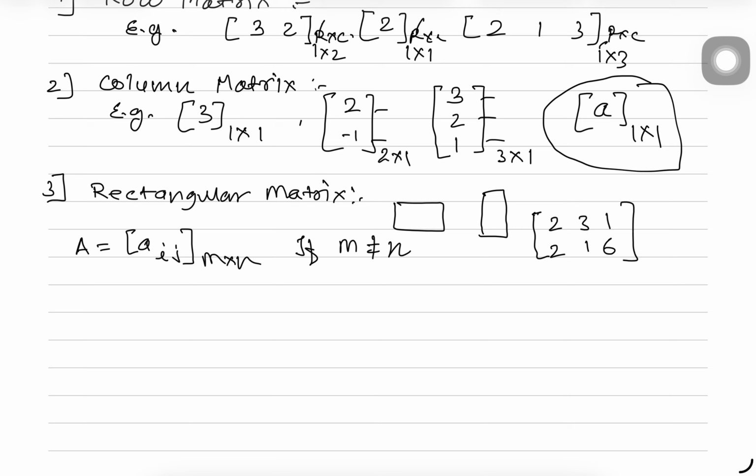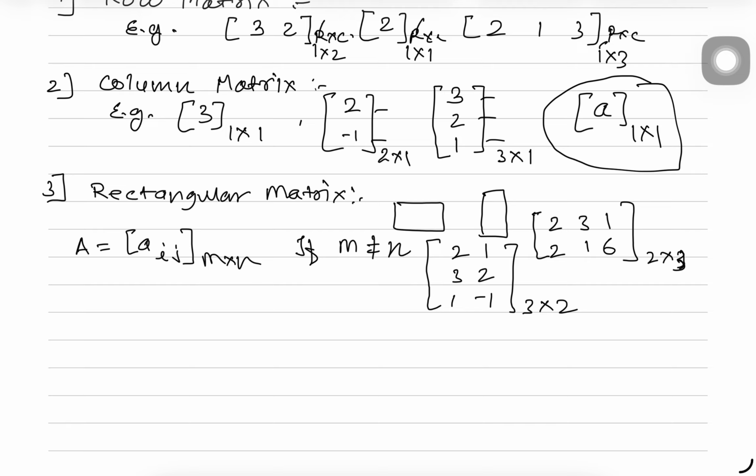For this, the examples: 2, 3, 1, 2, 1, 6. So this has a rectangular shape. Another example: 2, 1, 3, 2, 1, minus 1. Same. Over here it is 2 cross 3, and this is 3 cross 2. So the number of rows is not equal to the number of columns.